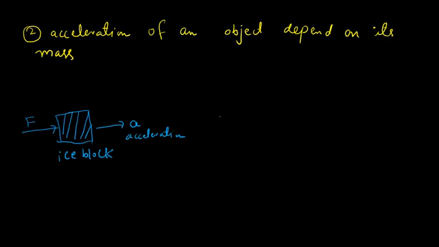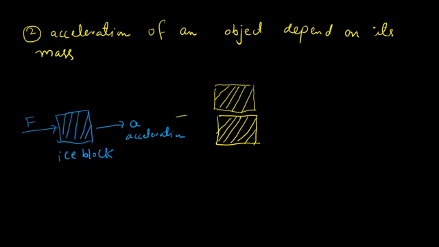Now here if we increase the mass, if we use blocks of ice of the same mass, here we use two blocks instead of one block. Now we use two ice blocks, but the force is the same.